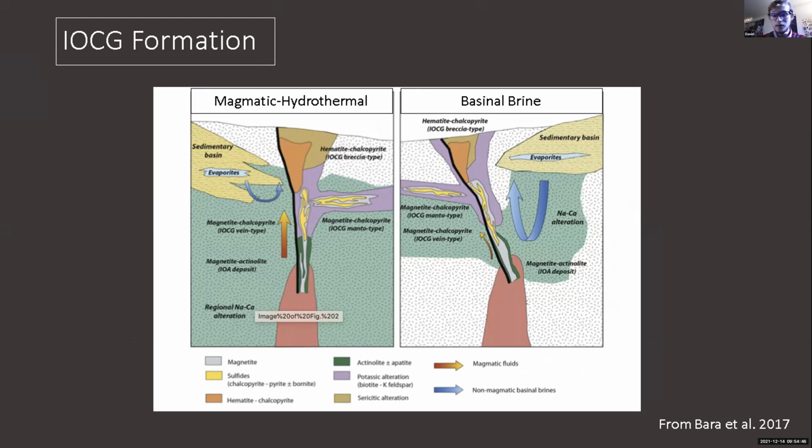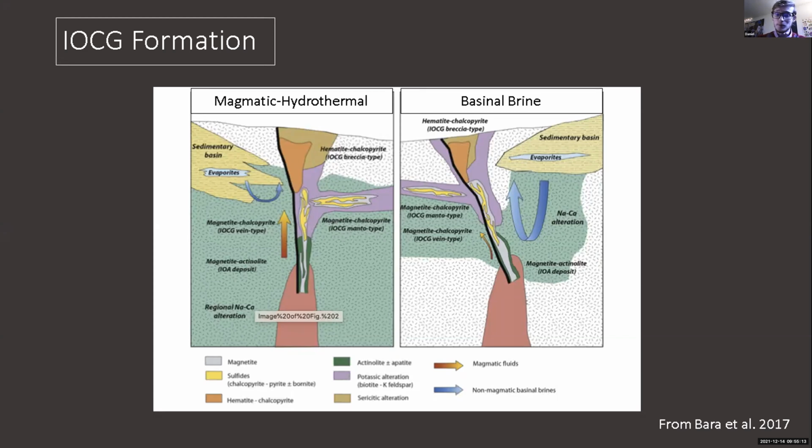And on the right, the basinal brine model, where the source fluids are derived from sedimentary basins, heated by an igneous source, and the metals are leached from the sedimentary rocks or volcanic host rocks. The red arrows on these diagrams indicate the magmatic fluids, and the blue arrows indicate non-magmatic fluids. And there have also been hybrid models proposed.